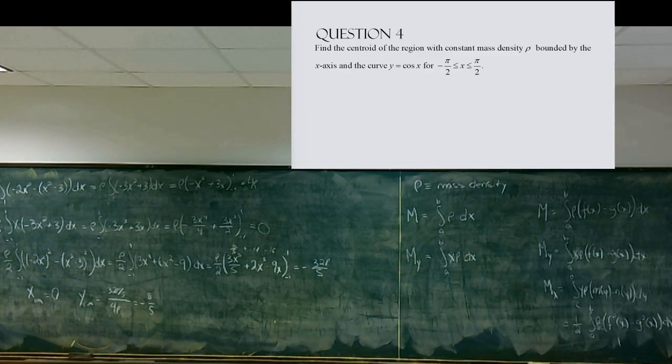But there, that's better. Right, because the centroid doesn't have a mass density, it's the lamina that has mass density. So we're looking at the lamina. It's bounded by the x-axis and the curve y equals cosine of x, where x is going to go from minus pi over 2 to pi over 2.